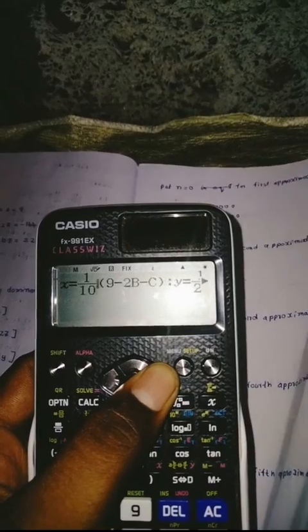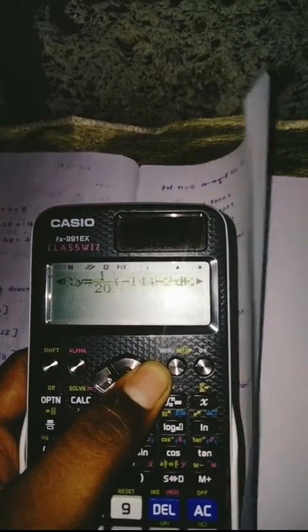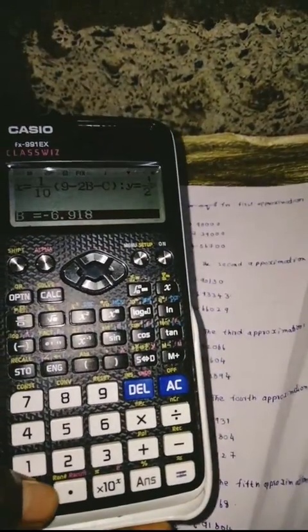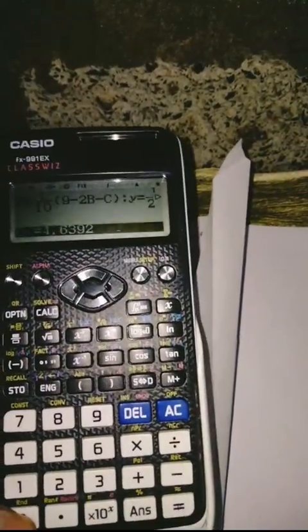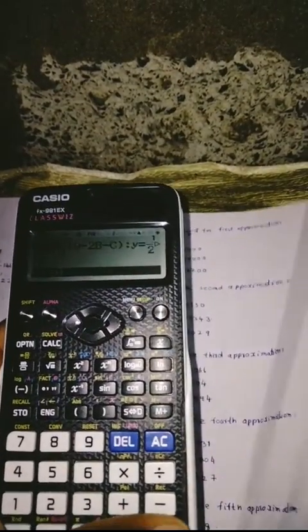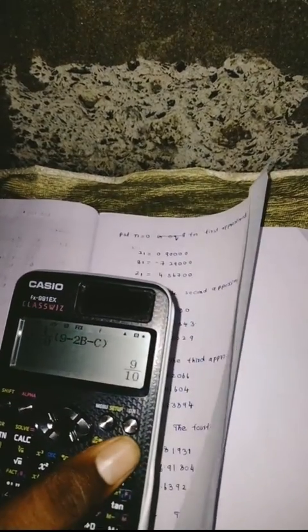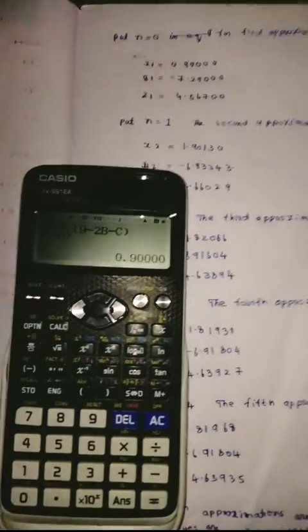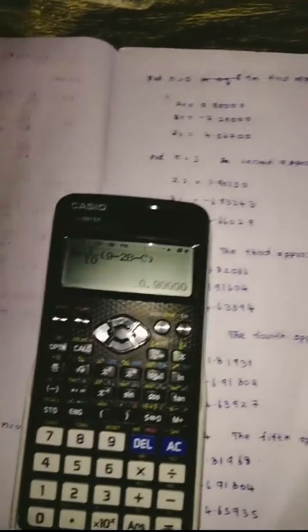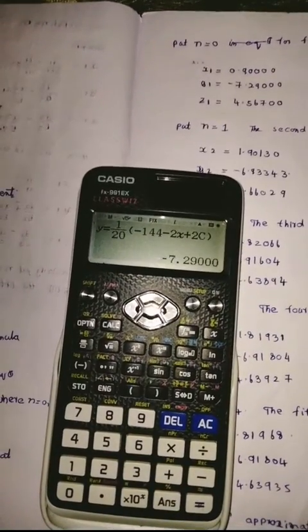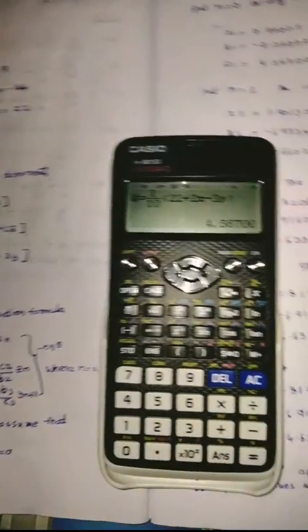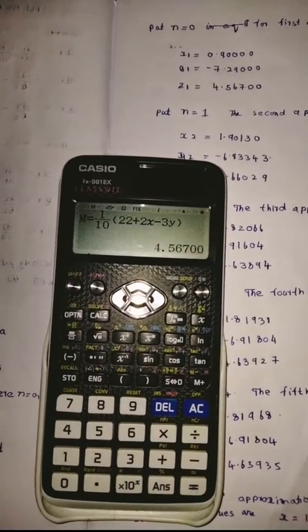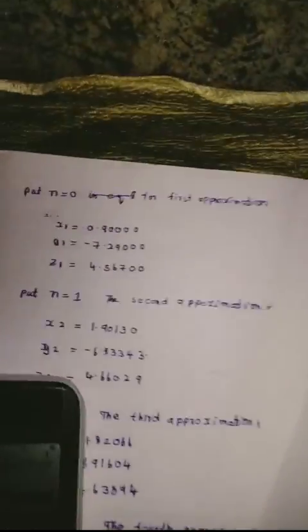By evaluating the values in the calculator, we get x1 value as 0.900, y1 value as minus 7.29000, z1 value as 4.56700. Now substitute y1 in b.